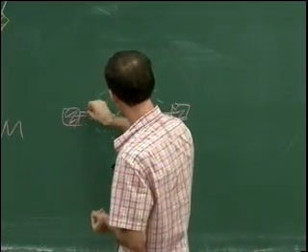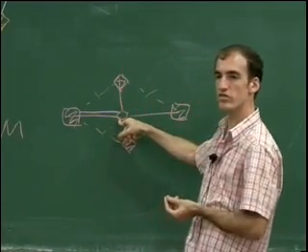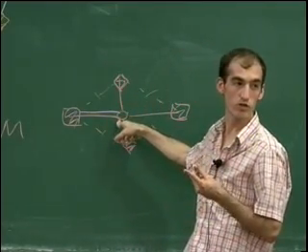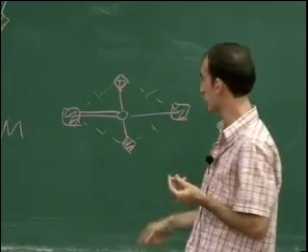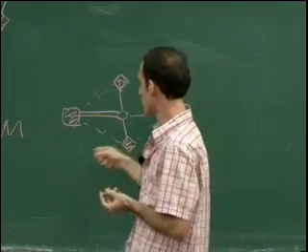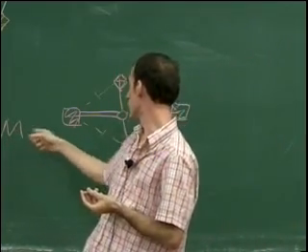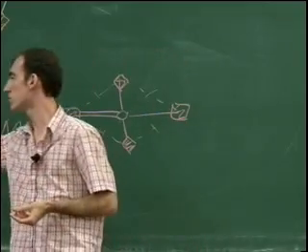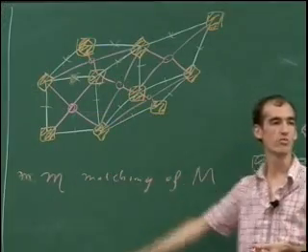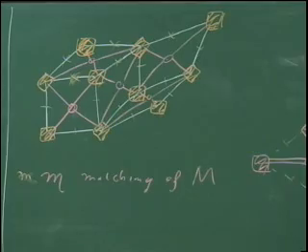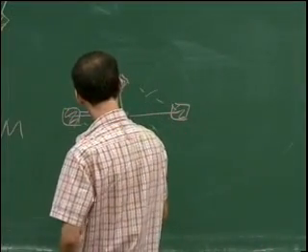In my matching, I know that the white vertex is matched to exactly one of its 4 neighbors. So capital M is a fixed graph, and then I've got a random matching, small m. Now the rule is going to be the following.